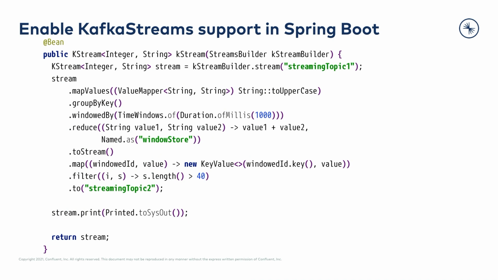In this case, only one method that builds this topology will require a StreamsBuilder as an input parameter, which Spring will inject. You can create this explicitly, or Spring can create this for you with some default configurations.